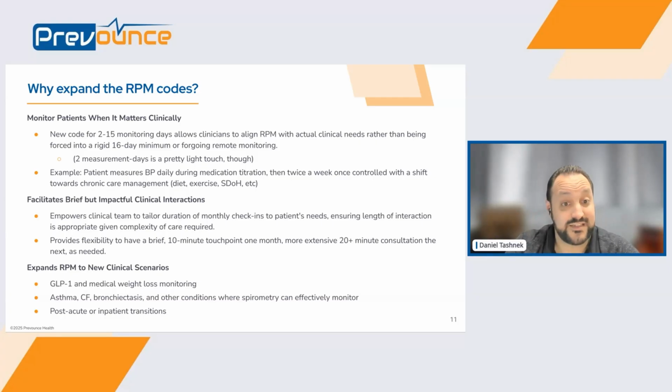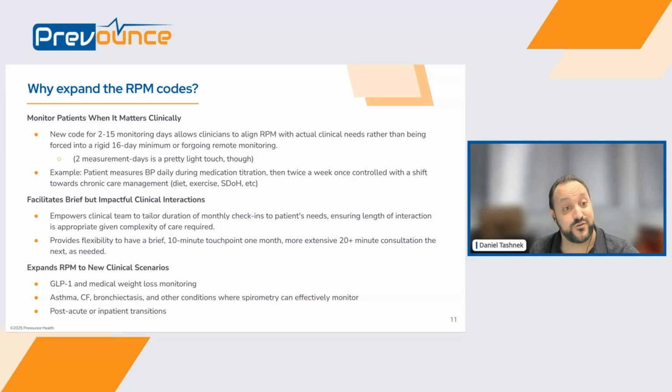Final takeaway here is this really allows new clinical scenarios, right? So for a lot of medical weight loss with GLP-1s, having somebody weigh themselves 16 days a month was, one, not needed, but two, almost too much, it could be almost detrimental, right? There's also these other devices like spirometry, where you have to blow into a spirometer, where it's super clinically beneficial to have that data, but it's also not a light lift to take the measurements.